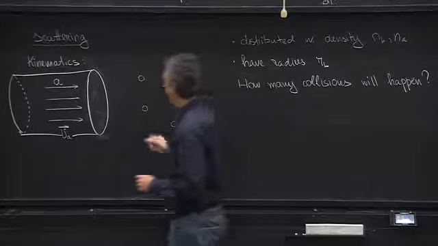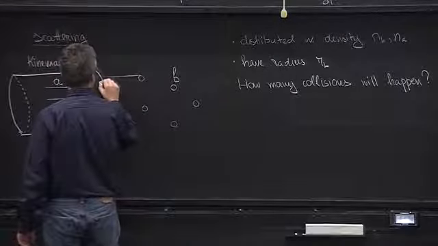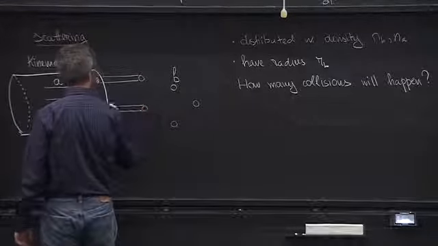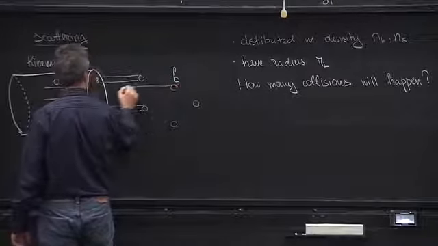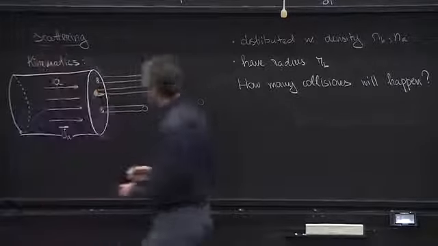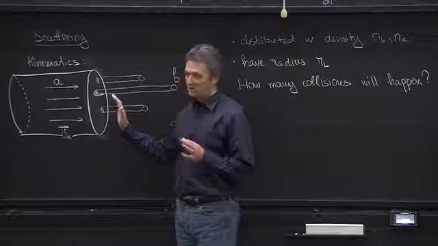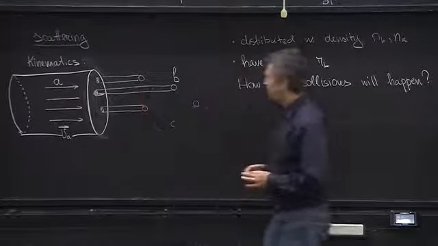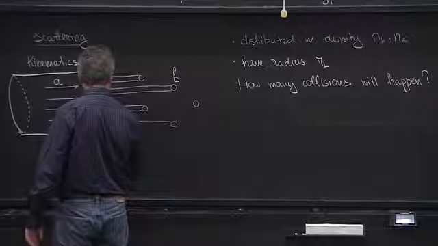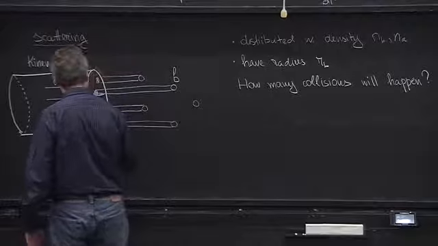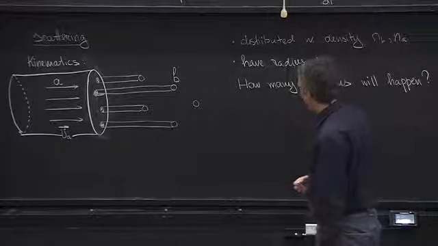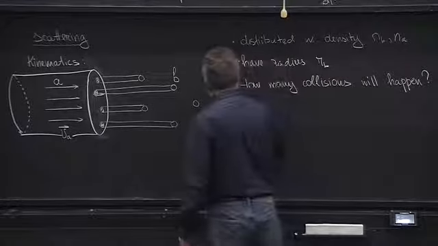And so if you project them into the cross-section, the A particles that will undergo collision are those that lie in the shadow of the B particles, right? It's just a geometric way of characterizing what's going on.